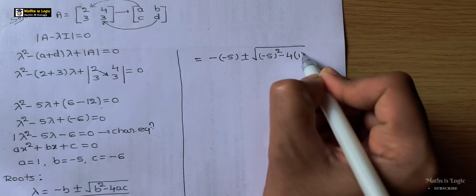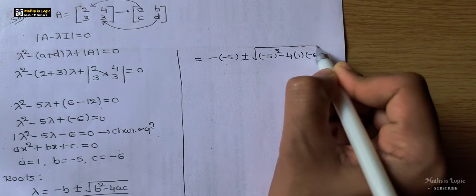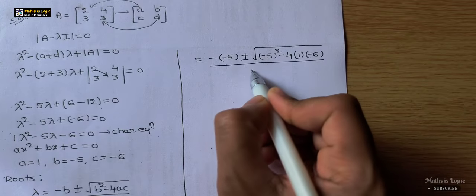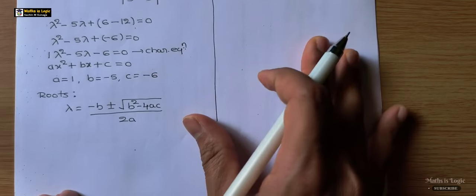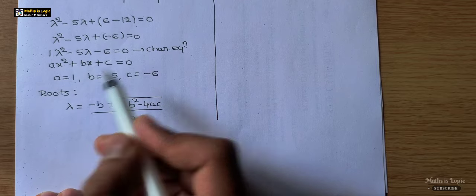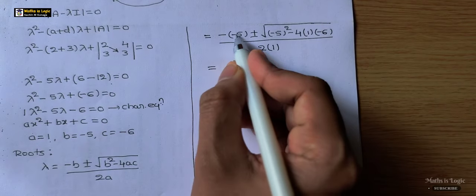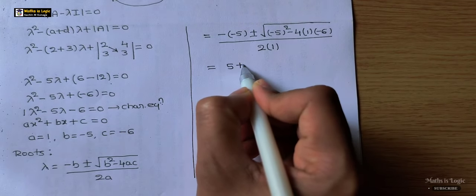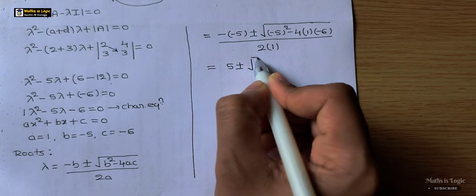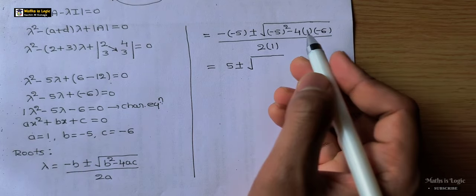So 1 into minus 6, divided by 2a. So 2 into a value is 1. Correct, a value is 1. Now simplify. Minus into minus is plus 5, plus or minus square root of, directly use the calculator.